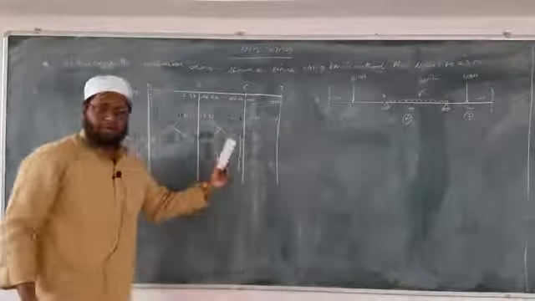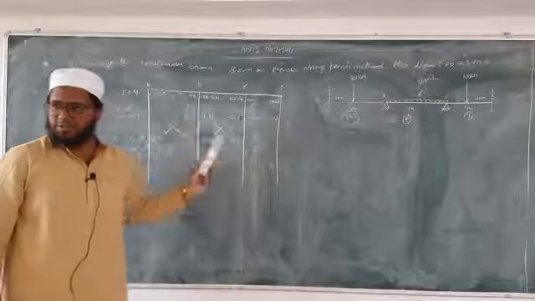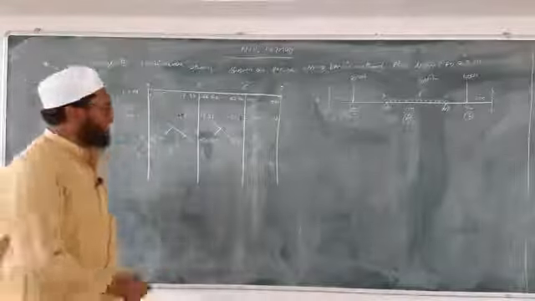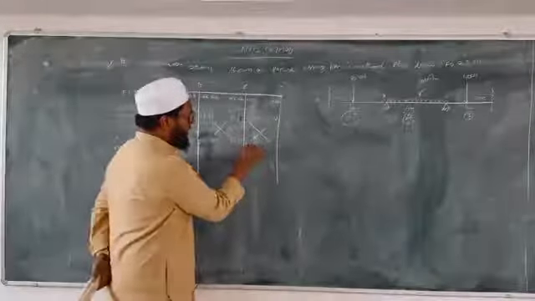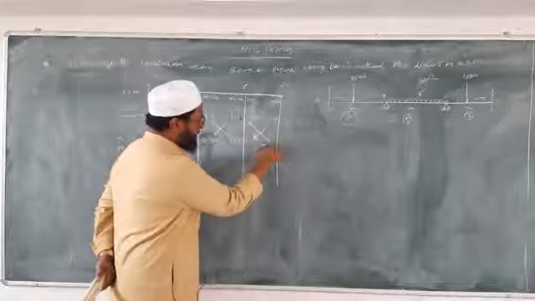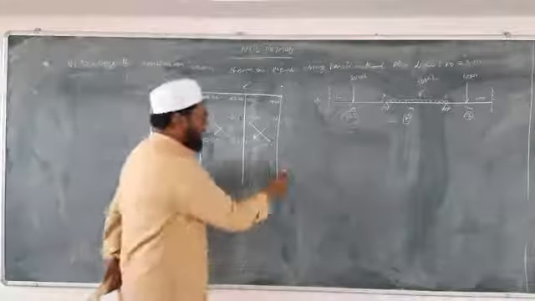Don't divide it by 2. Okay, in moment distribution method we used to divide it by 2, but not here. This is not moment, these are final moments. 0, minus 10.65.